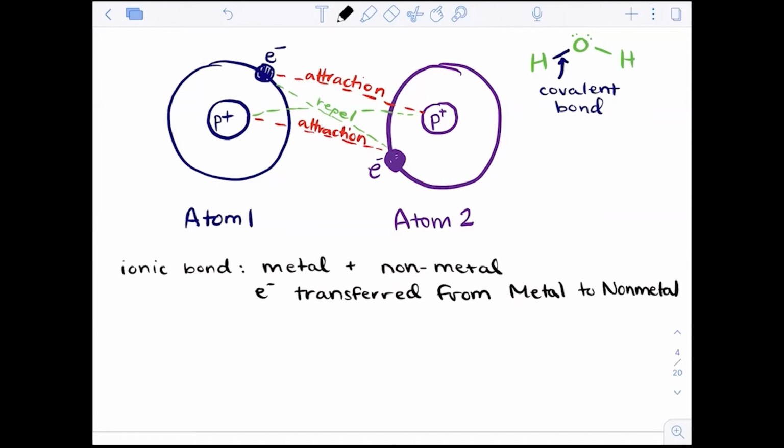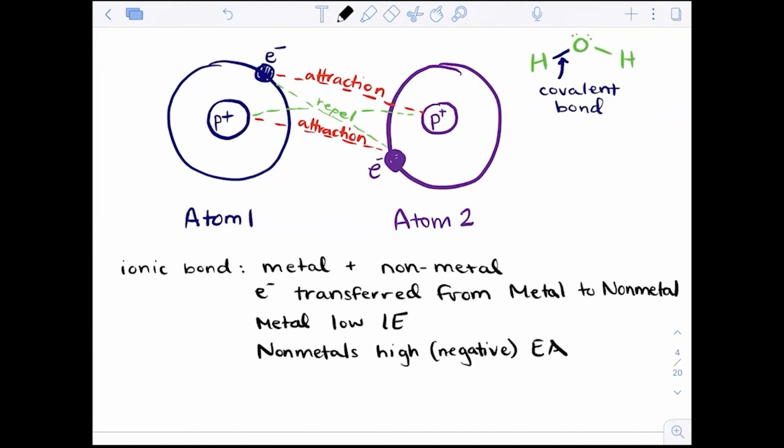Why? For reasons that we just talked about. Metals have very low ionization energies. Nonmetals have very high negative electron affinities. So when we look at an ionic bond, we will see ions are formed.